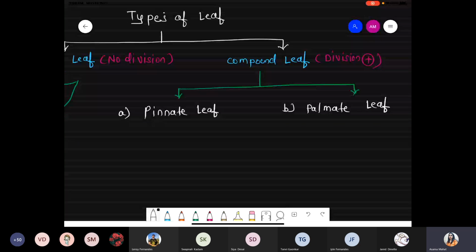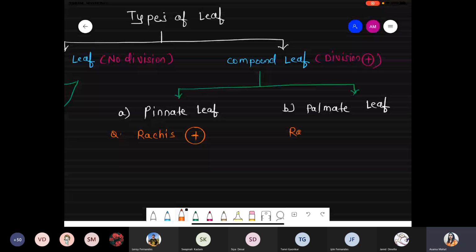What is the meaning of the pinnate leaf? Simple arrangement. Basically in this kind of condition, here rachis will be present. One question: rachis is present in case of the pinnate. And when you compare this point with palmate, such type of rachis is totally absent.